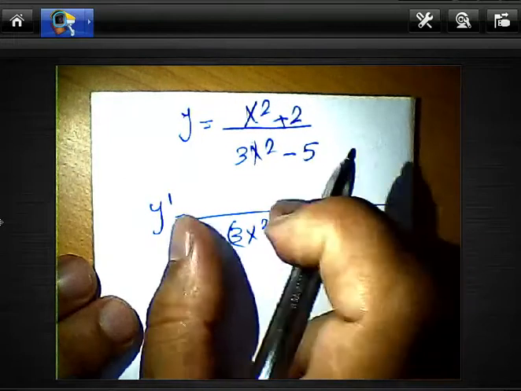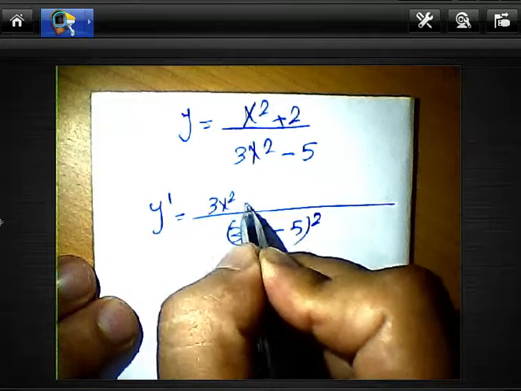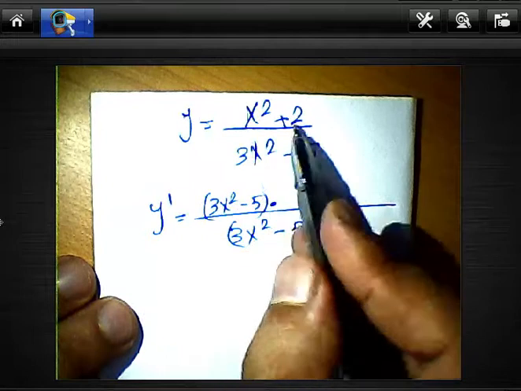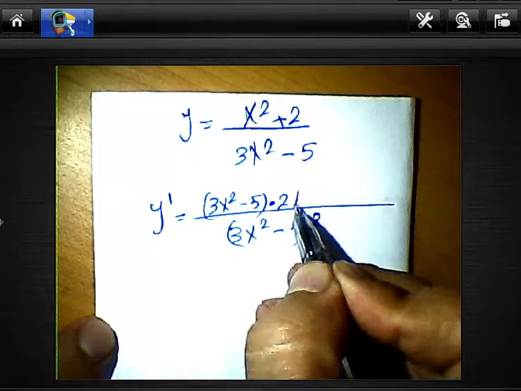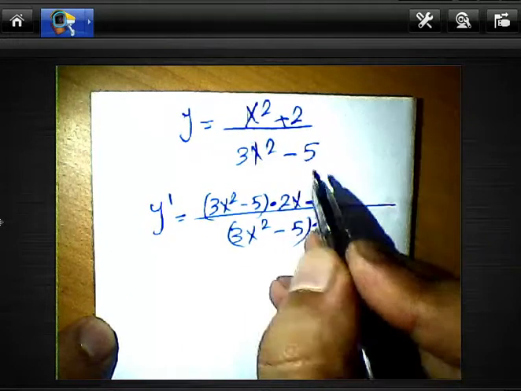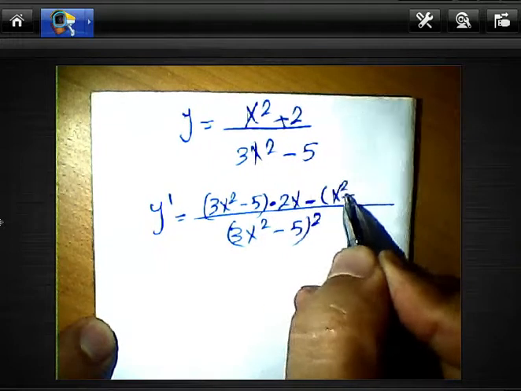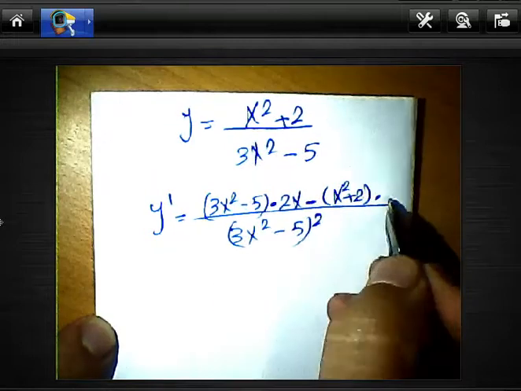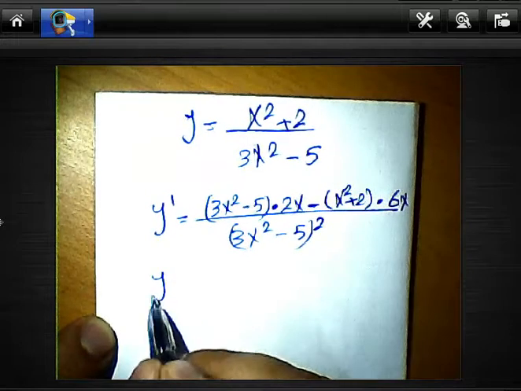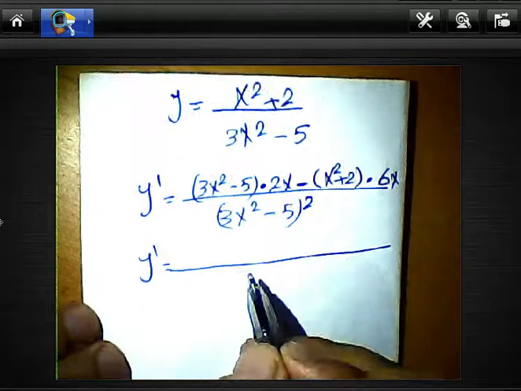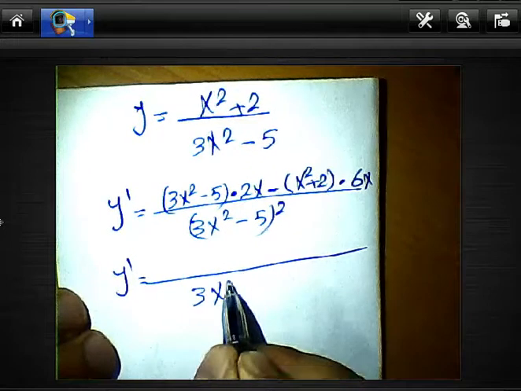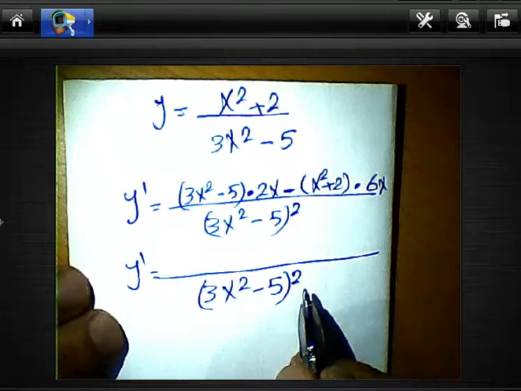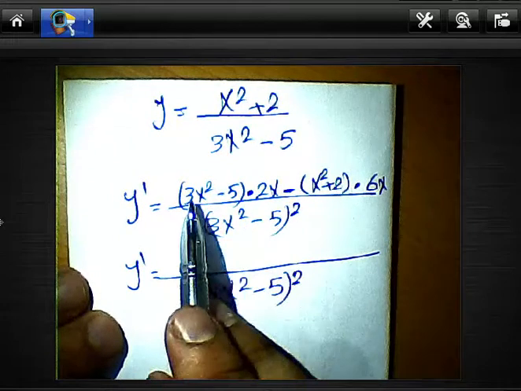And in the numerator we write the denominator, 3x power 2 subtract 5, multiplied by the derivative of the numerator, which will be 2x, subtract the numerator, x power 2 plus 2, multiplied by the derivative of the denominator, which will be 6x. So y dash equals what? We can write here 3x power 2 subtract 5, power 2, and we can simplify this expression.